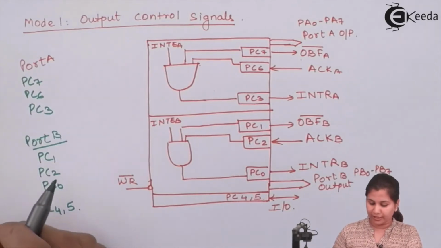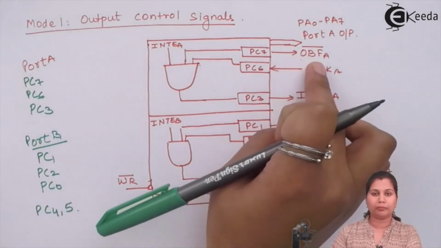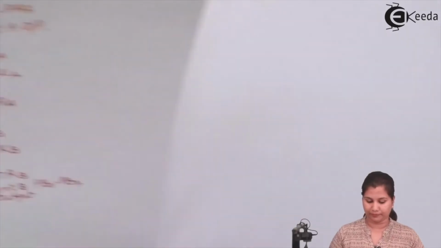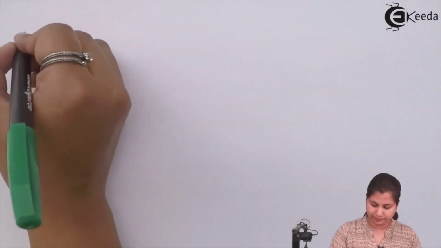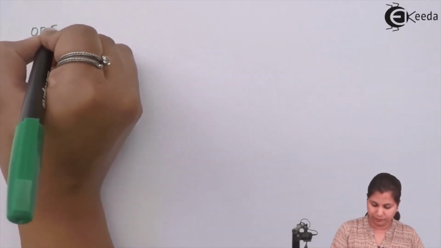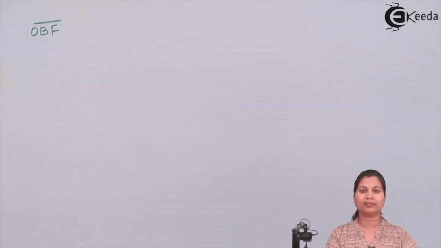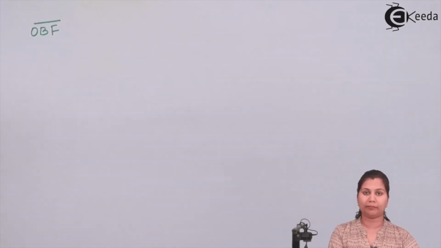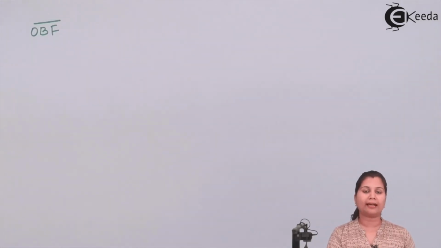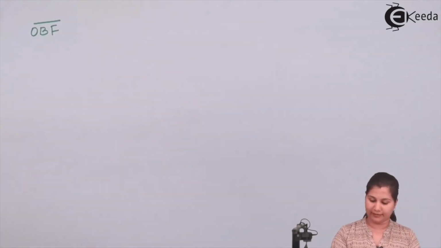The first handshake signal is the output buffer full. In input operation we had input buffer full, so here we have output buffer full, which shows that the data byte provided by the microprocessor is present in the output latch and can be transmitted to the peripheral device.